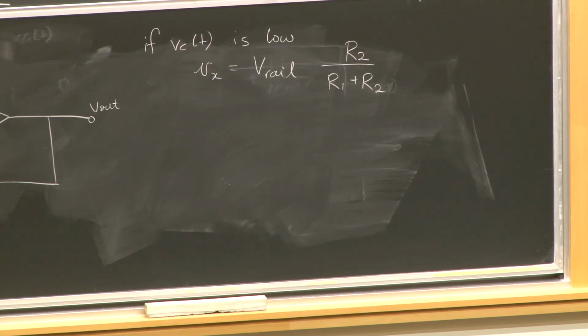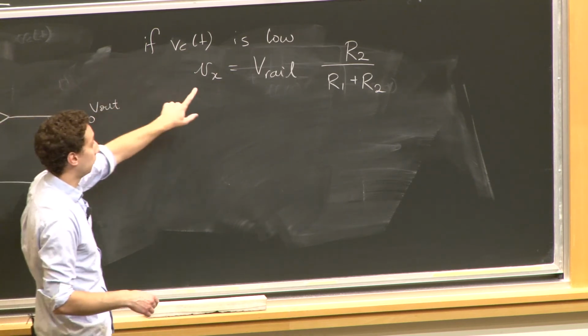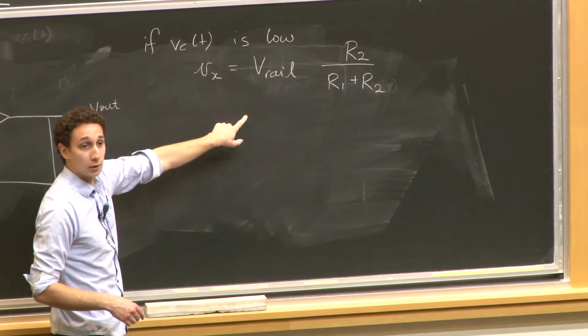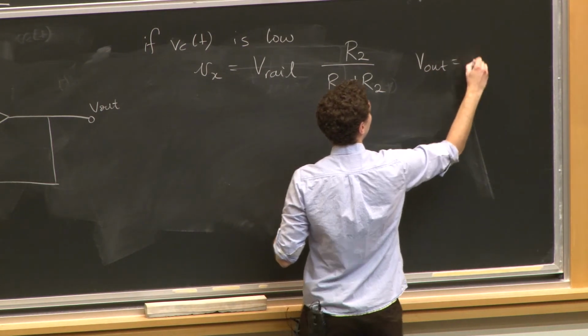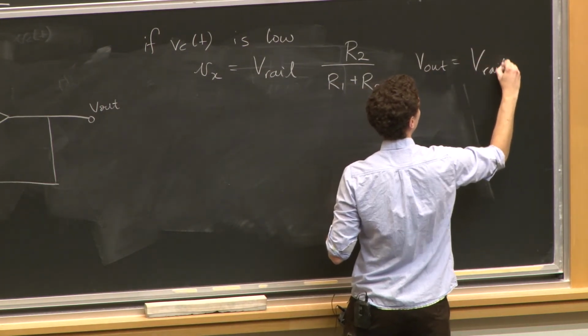What happens as Vc of t increases? As I go up, up, up, what voltage do I need to get to before that output voltage switches the other way? Fundamentally, Vc of t needs to get higher than Vx. So if Vc of t is low, Vx is V rail times R2 over R1 plus R2, and V out is V rail.